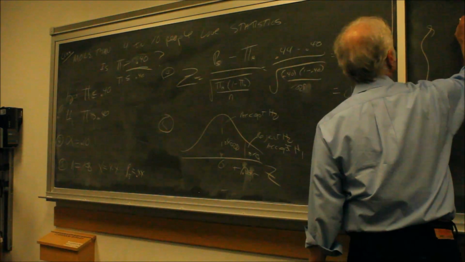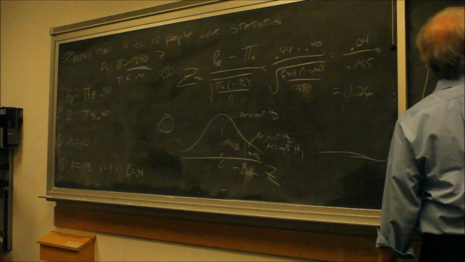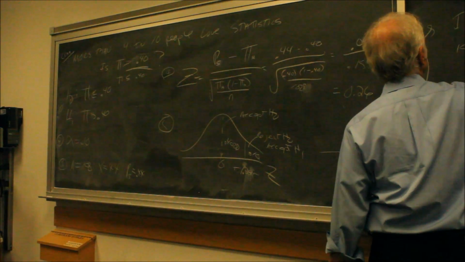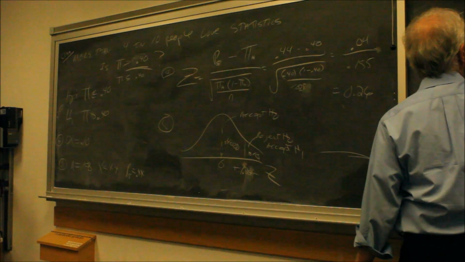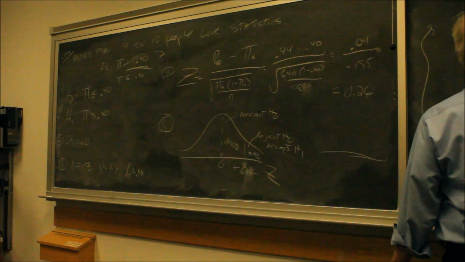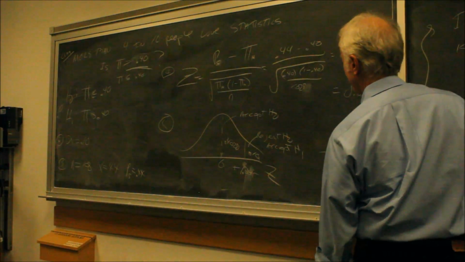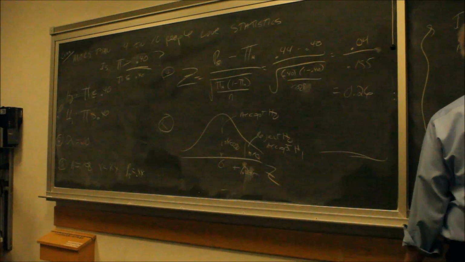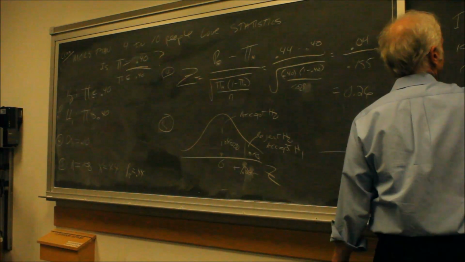So the decision rule is if the test statistic Z is less than plus 1.285, then what do we do? Accept H0.